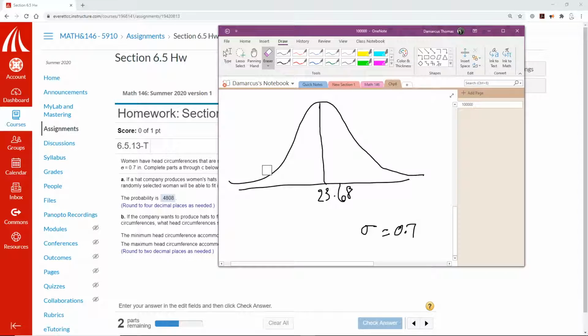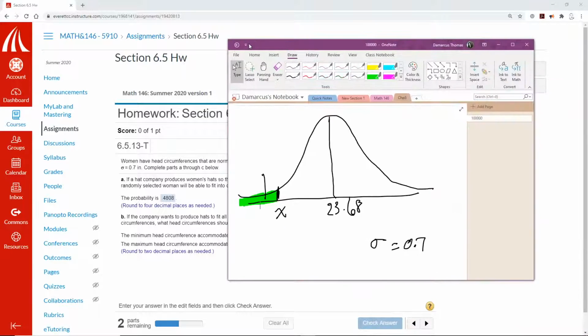So now, what if I needed to figure out an X value, and this represents 1.25%. Tiny, tiny region. Here's another one, and another one over here.